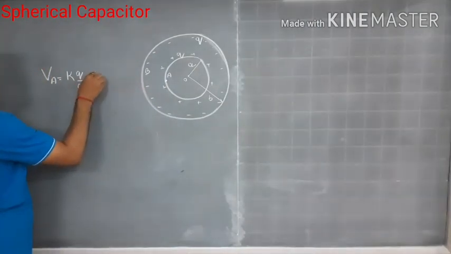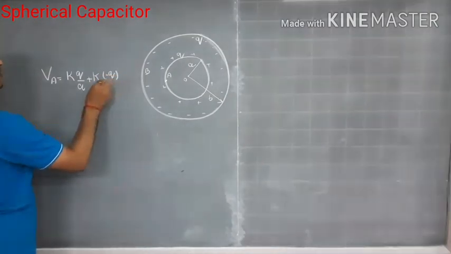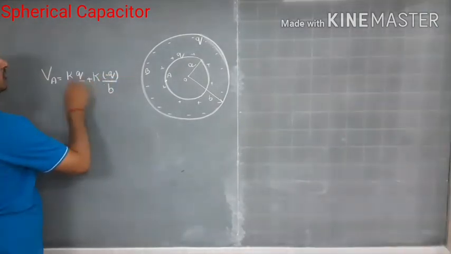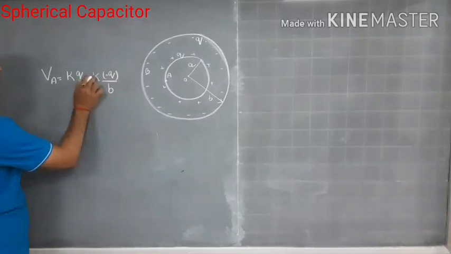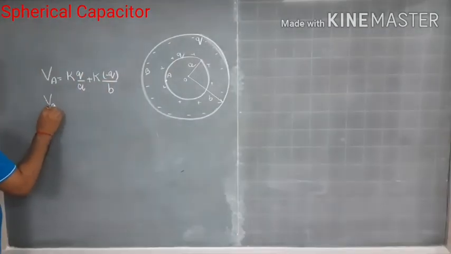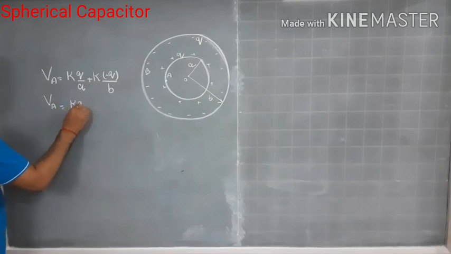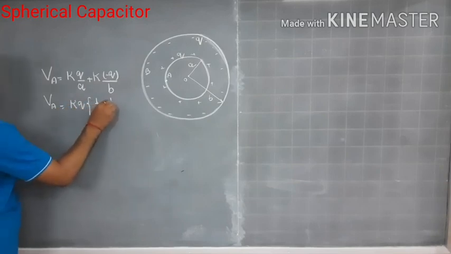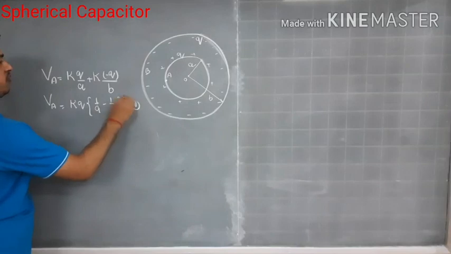So I will write this as K times minus Q divided by B, because in potential we have to take the charge with proper sign. So this is going to be KQ (1 by A minus 1 by B).